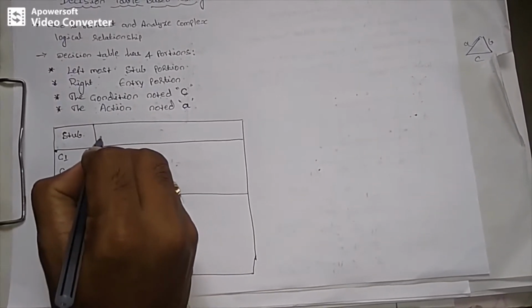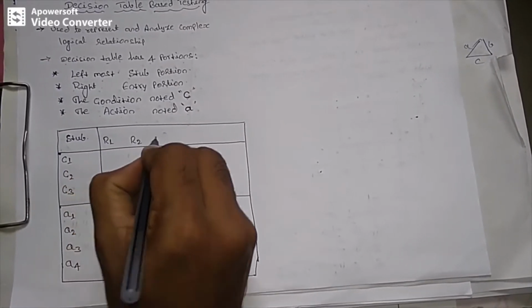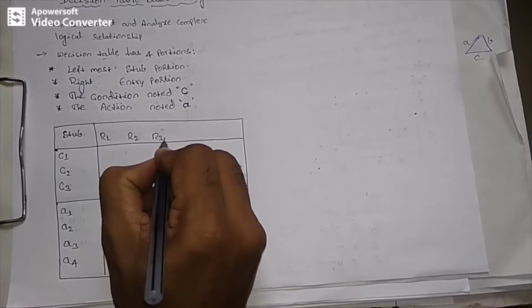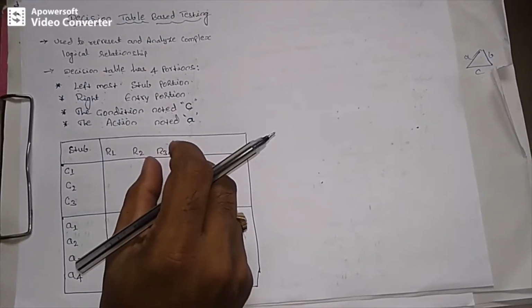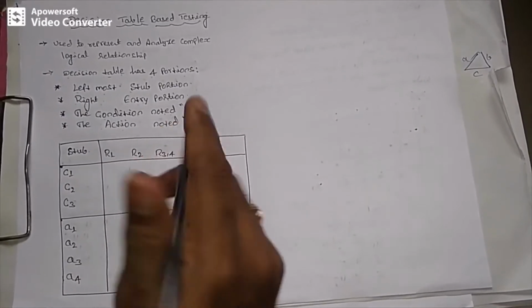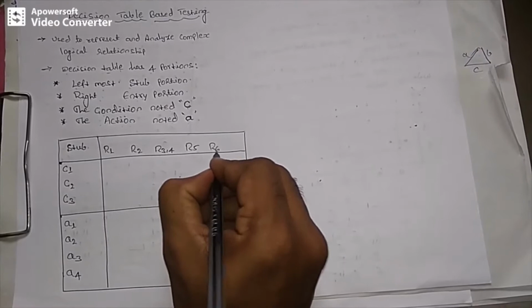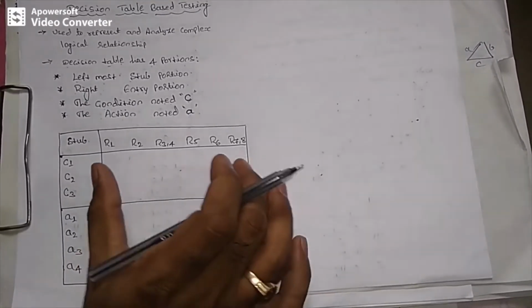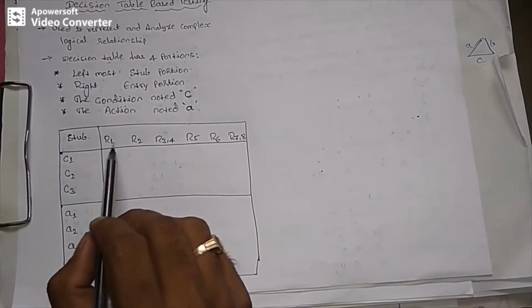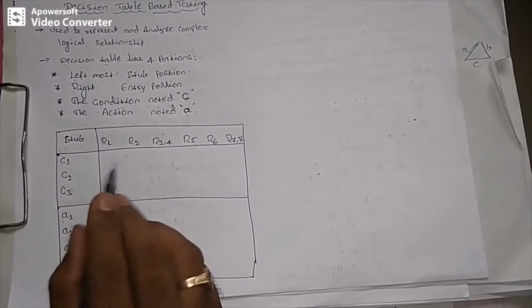The rules are represented as R1, R2, R3, R4. We can include two rules at a time if the rules are the same, and likewise rule 5, rule 6, and rules 7, 8. I will tell you next how the rules can be counted and entered.